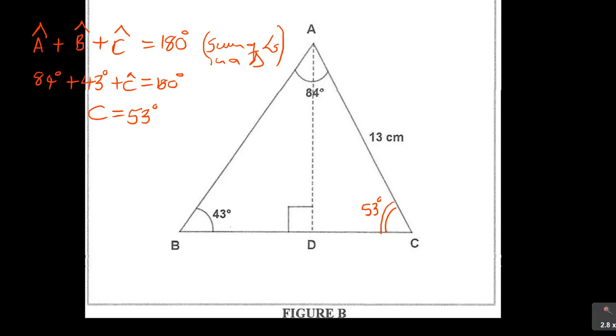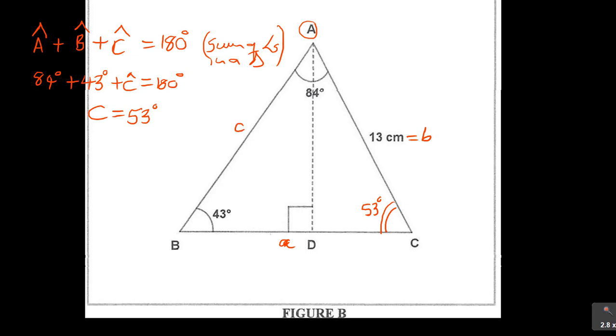When you have done that, you can focus on this: if this is A, the line BC is small a, and if that is B, the line AC is small b, and big C has the small c.